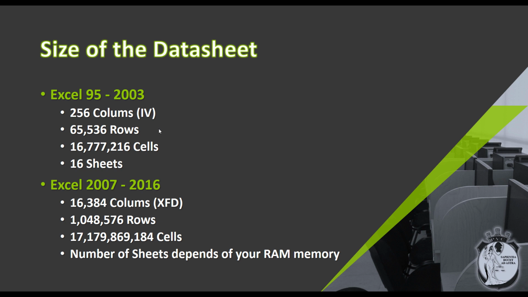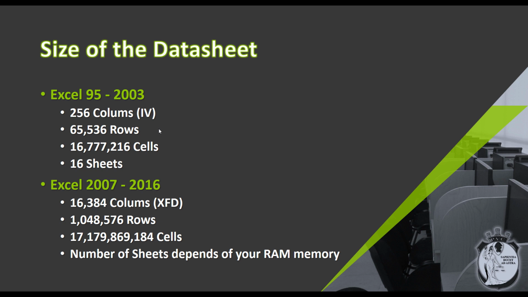There are so many, and the intersections, the cells, are more than 60 million cells. And you can make 16 sheets of data. So it was very big.